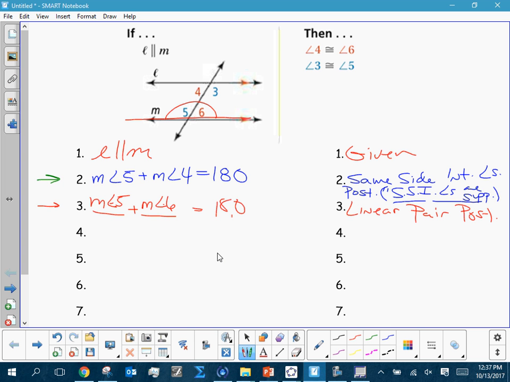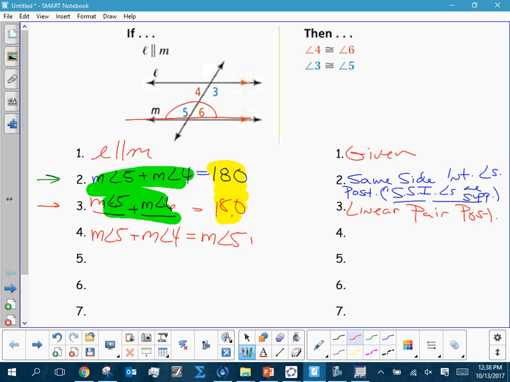Now that we've got those two things, this is all kind of routine for what we've already done. We've already done 3 or 4 proofs like this. Remember me highlighting and showing you that if those two things are the same, what can you say about those two things? They're the same. So let's write that down. Measure of angle 5 plus measure of angle 4 equals measure of angle 5 plus measure of angle 6, right?